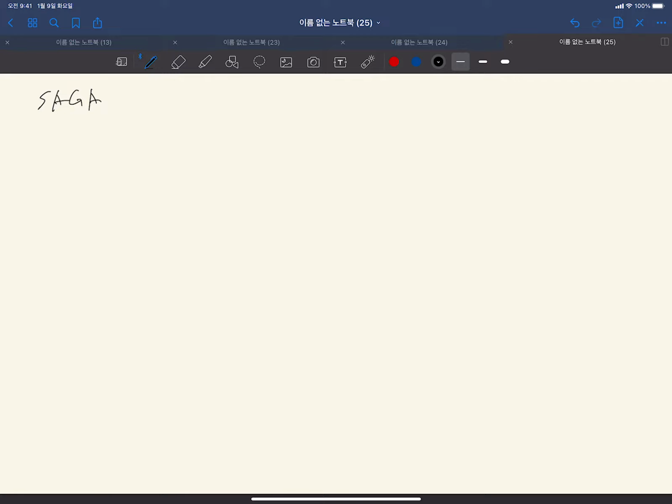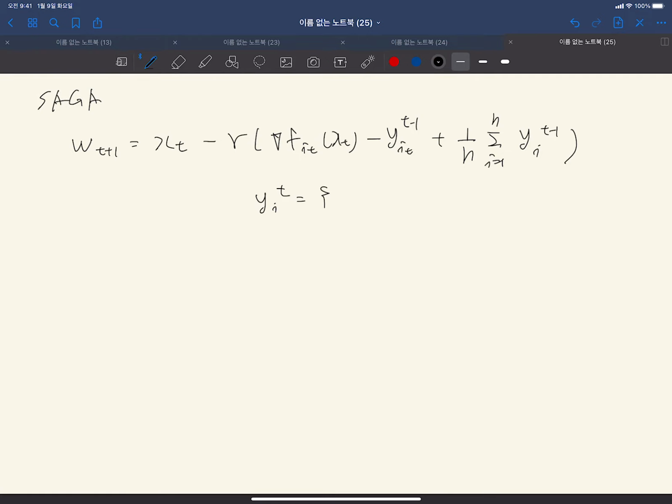For an alpha strongly convex and beta smooth function, we update w_{t+1} equal to x_t minus step size times the gradient of f_i at x_t minus y_i^{t-1}, plus 1 over n times the summation i equals 1 to n of y_i^{t-1}. Like the SAG algorithm, the y_i vector is updated to the gradient of f_i at x_t if i is the selected index. Otherwise, we keep the last time's y vector.